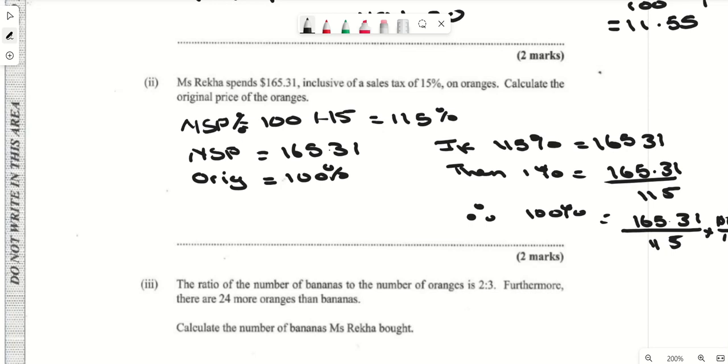Multiply by 100. So when you multiply that, you're going to get 143.75. I approximated to 2 decimal places already because that money has only 2 decimal points, right? So when you look at it, the answer for this is 143.75, right?